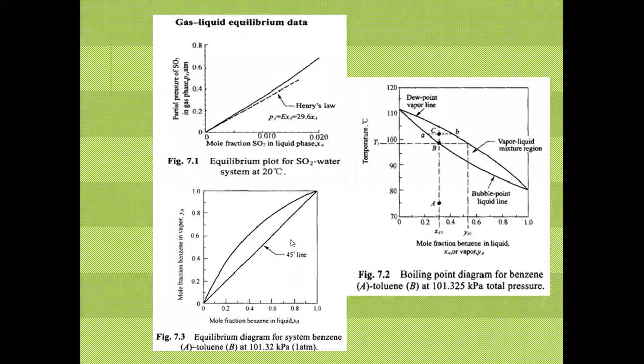These are just diagrams where you can get values, more importantly, of XA or YA or partial pressures, given the temperature and the condition in the problem, which is most of the time normal atmospheric pressure of 1 atm.